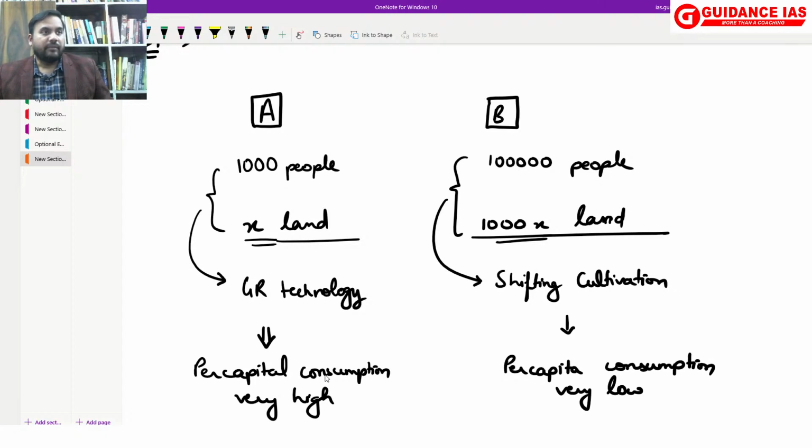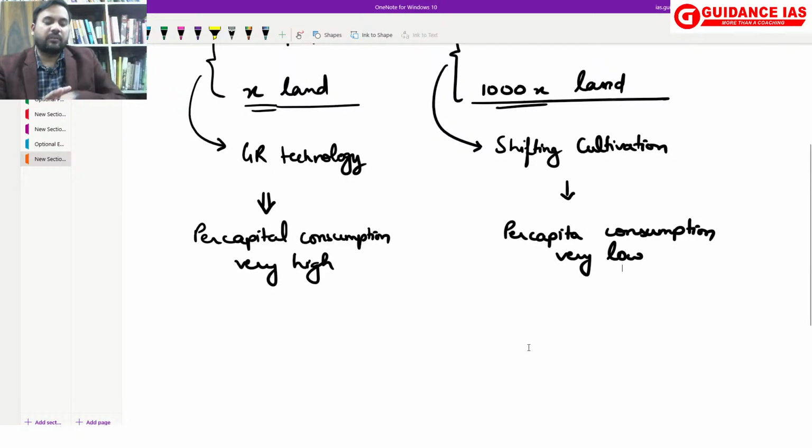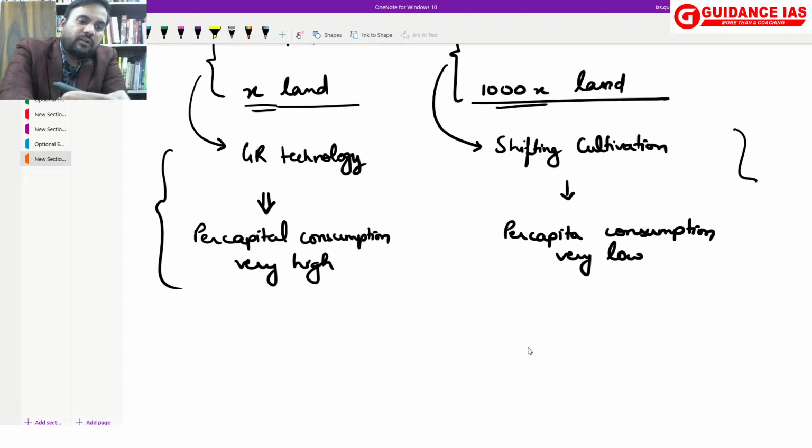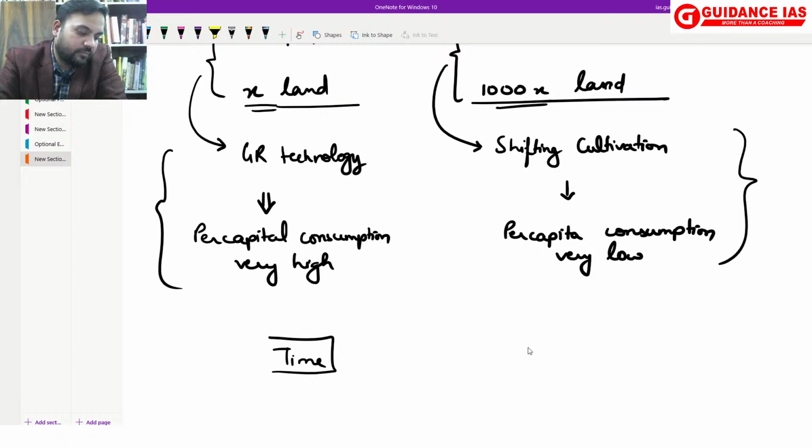Okay. If we add some more angles, like for example, this is the spatial factor I am taking here. This is the factor of space. But if I add one more dimension, that is time. Tell me, can I say that these dimensions can change with time?